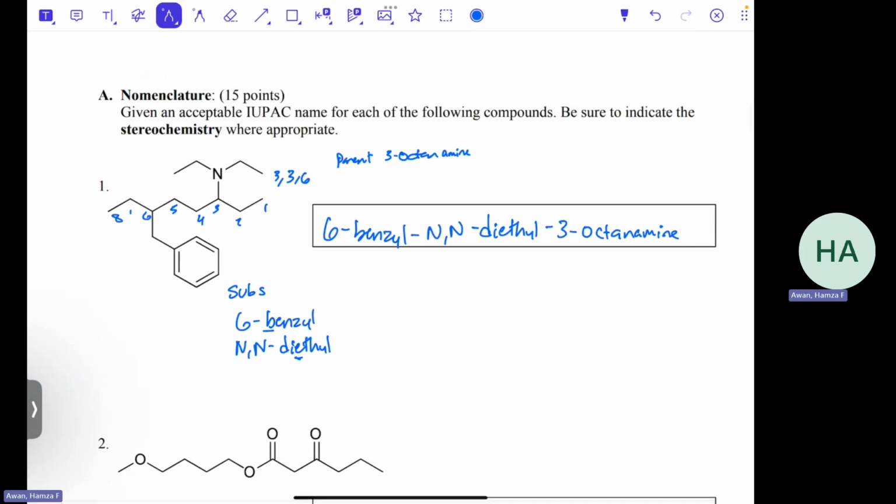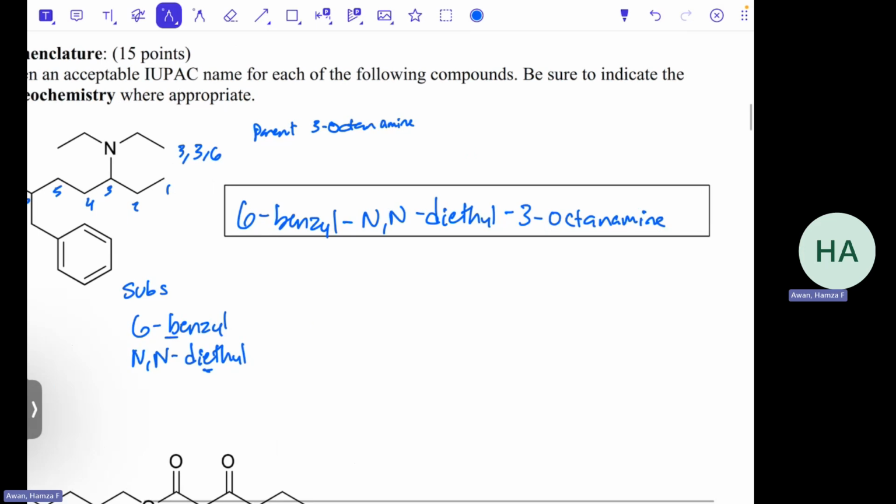Are there any questions on that one? Yeah, you can put a diethyl octan dash 3-amine. What do you mean?